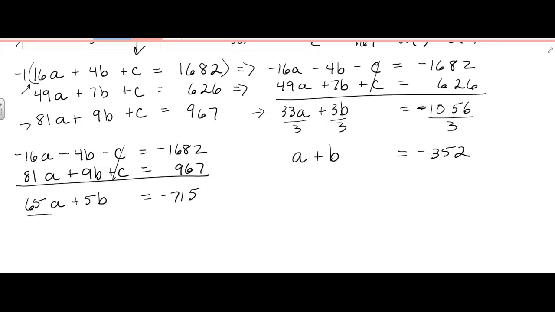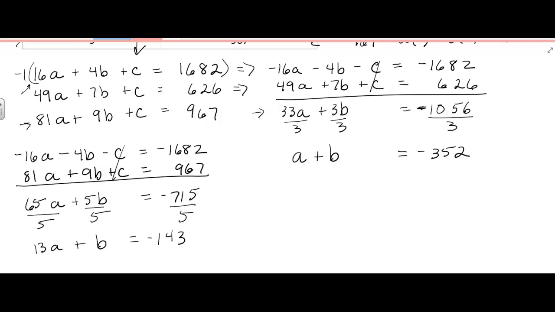Then I'm going to take this equation, and all of them are divisible by 5. So I get 13A plus B equals negative 143. Man, I hope that's right. Yeah, I think it's okay.